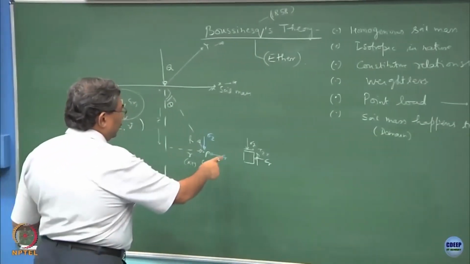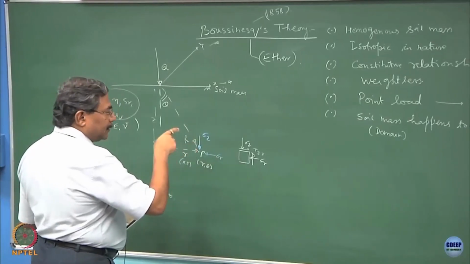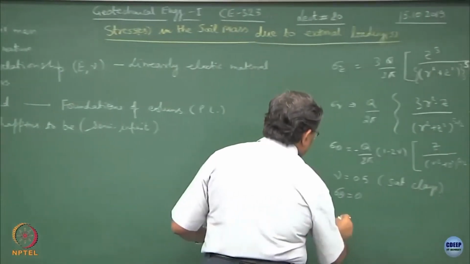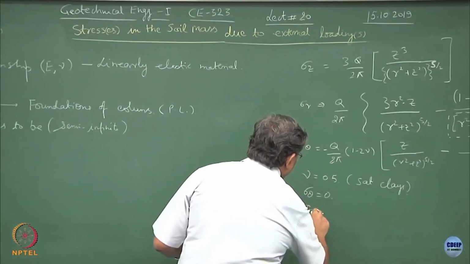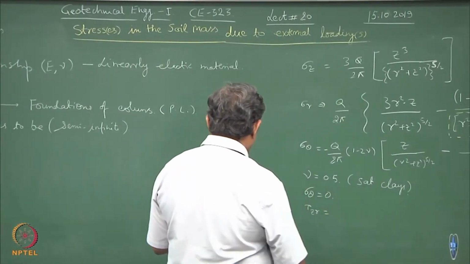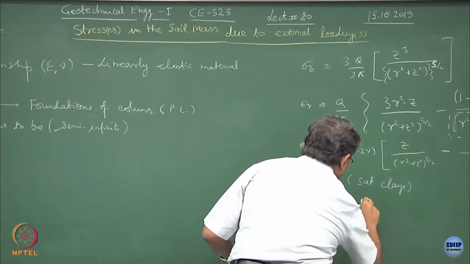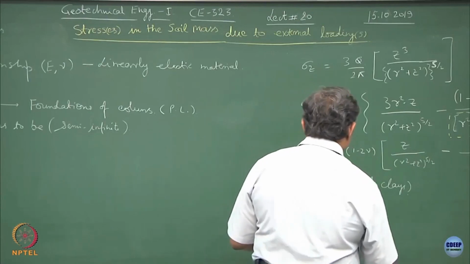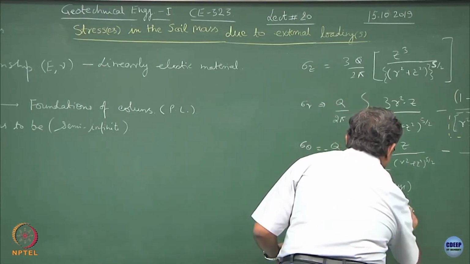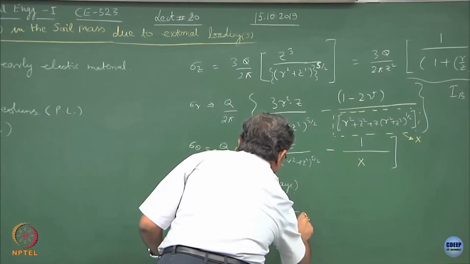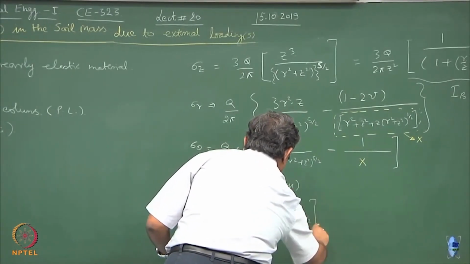The fourth stress which we have not still considered is tau Zr, the shear stress. The shear stress would be 3q upon 2 pi into r z square over (r square plus z square) to the power 5 by 2.